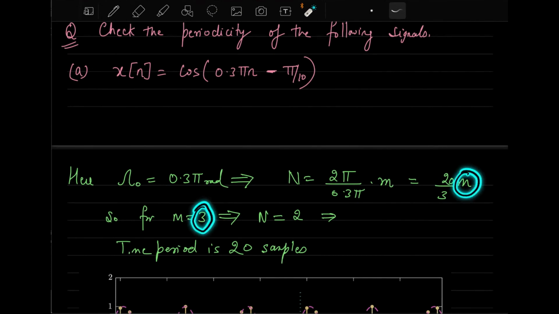If you use m as 3, that is the minimum value of m which makes this capital N an integer, as a result of which your periodicity will be, this is not 2 here, 20. So the time period of this is basically 20 samples.